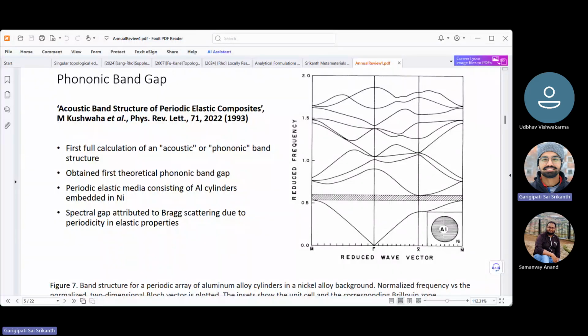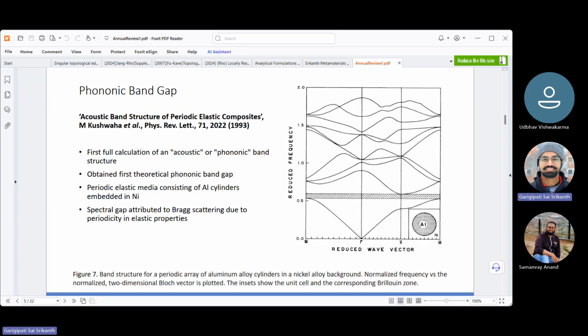Okay. So we have been talking about this band gap emerging out of this periodic lattice. So here's some work we can have a look at. This phononic band gap. So this is the unit cell.